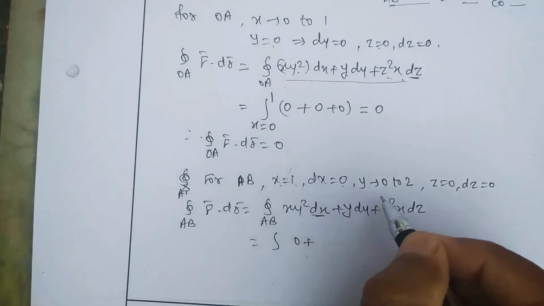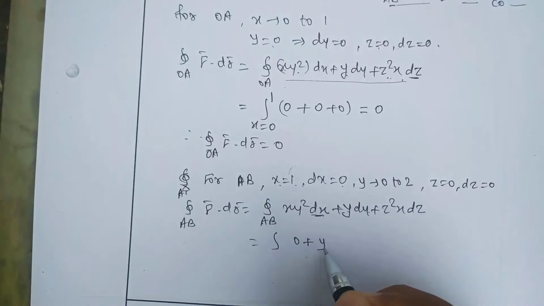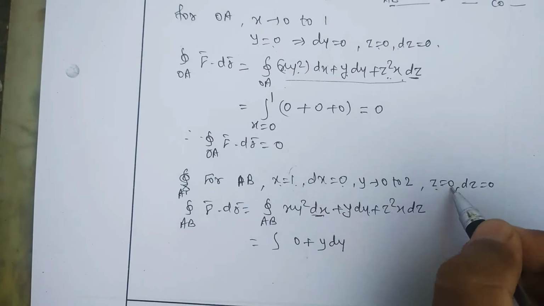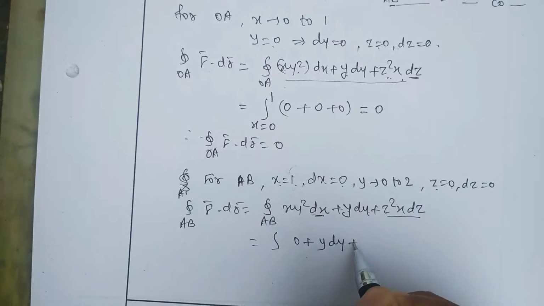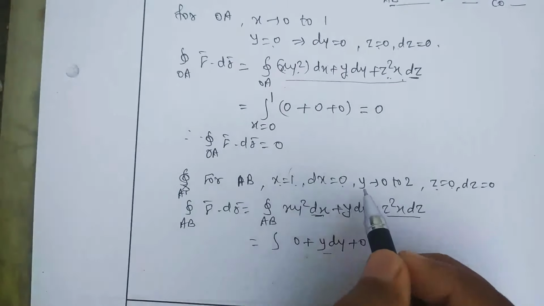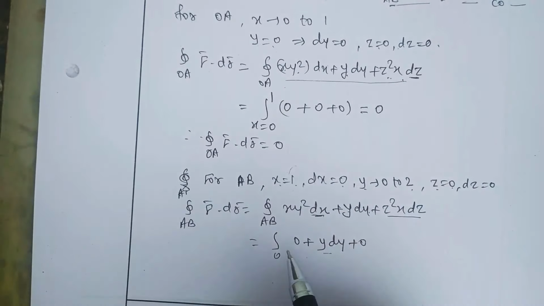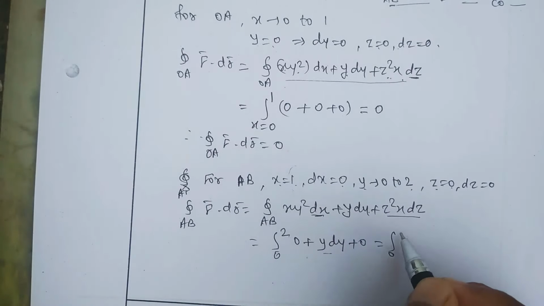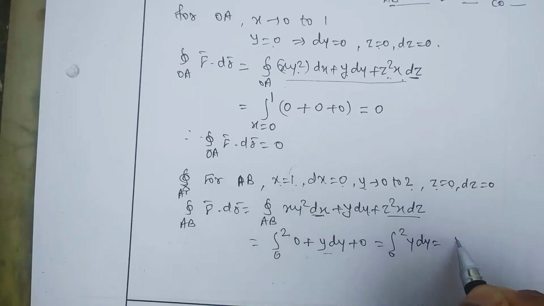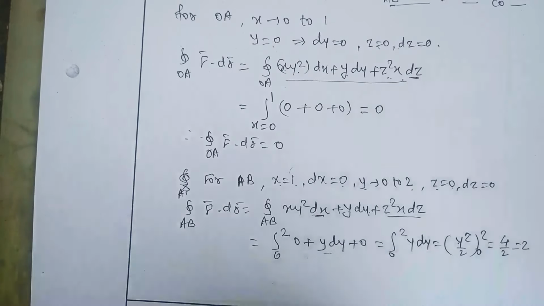Plus the second term as it is, y dy, and z is 0, which means the third term becomes 0. So only the variable is y here and the limits of y are 0 to 2. So this is the integration from 0 to 2 of y dy, that is y square by 2, limits 0 to 2. So 2 square is 4, 4 by 2, that is 2. Now the second line integral is 2.